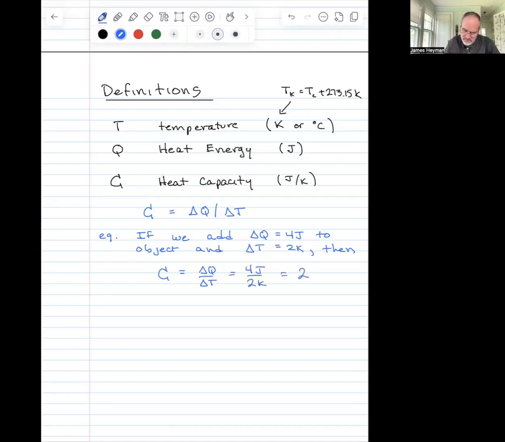Well, it would be 2 joules per Kelvin. So that's heat capacity. All right? Big objects usually have big heat capacities, small objects, small heat capacities, but different materials behave differently too. Okay? In fact, that brings us to the next variable, which is the specific heat.